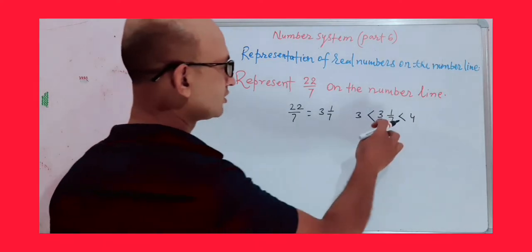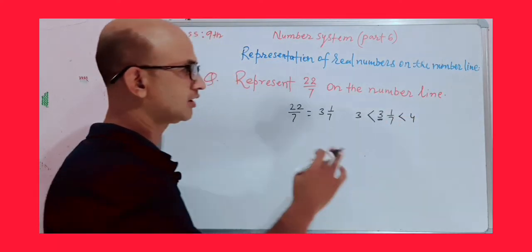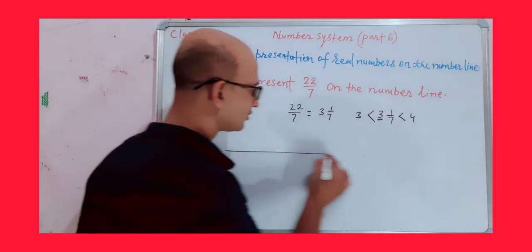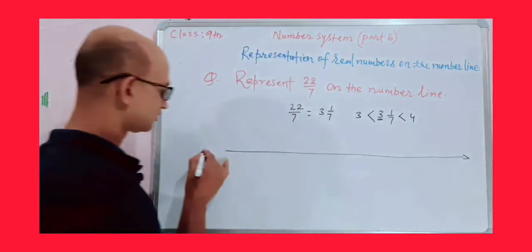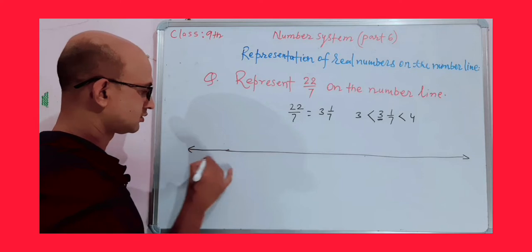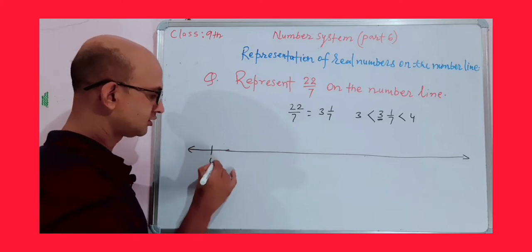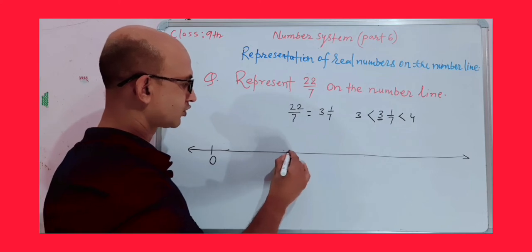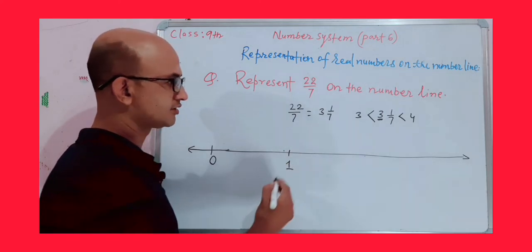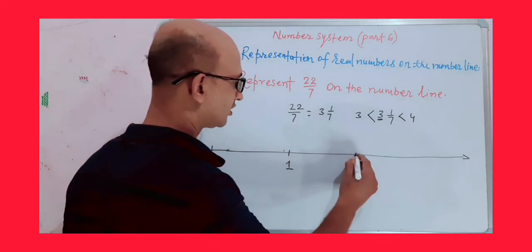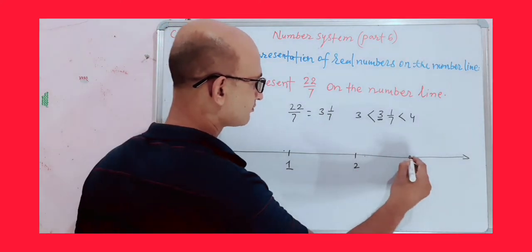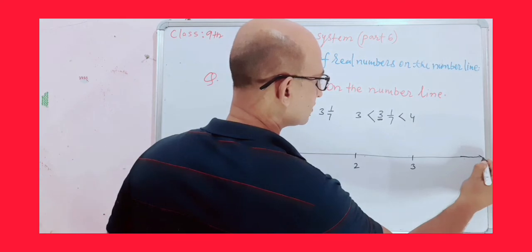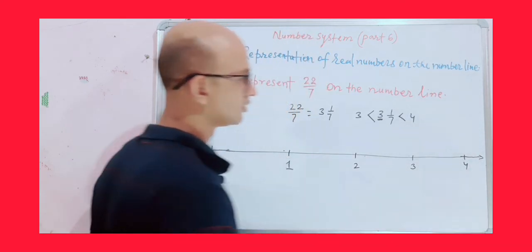Therefore, to represent 3 whole 1 by 7 on the number line, first we will represent 3 and 4. This is the point representing 0, 1 at equal distances. We will mark points 2, 3 and 4.